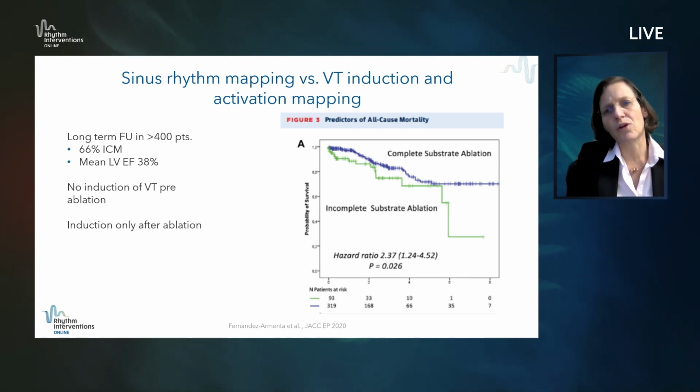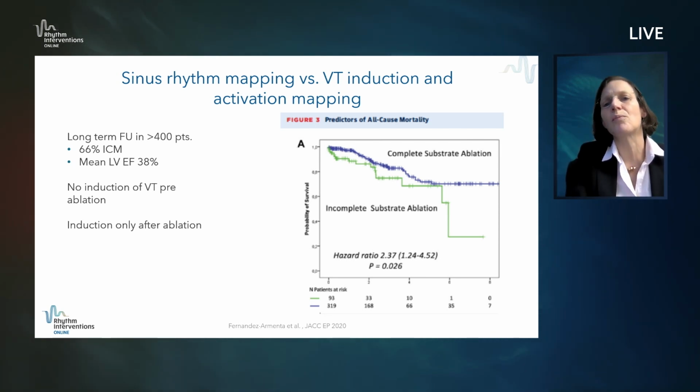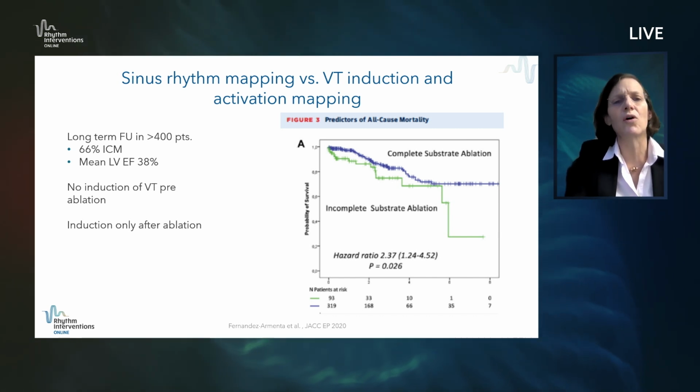And if you look at the results, it's very encouraging, because when they managed to eliminate completely the substrate that they identified in sinus rhythm, they had very good success rates, whereas when they did not ablate all of this, then of course there were a lot of recurrences.